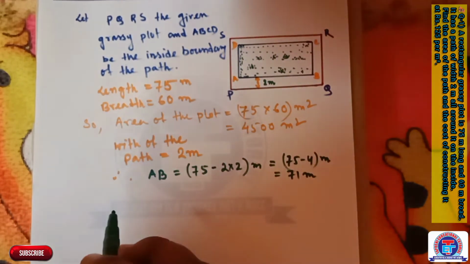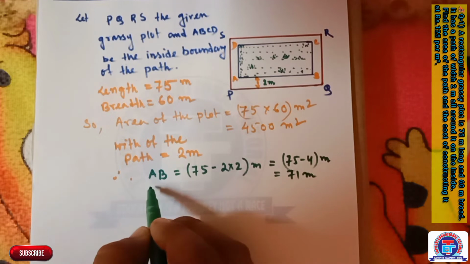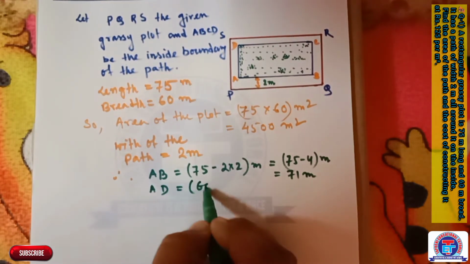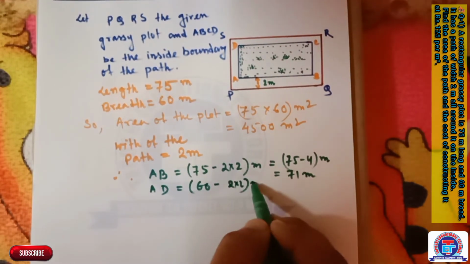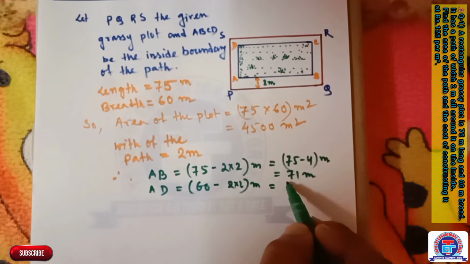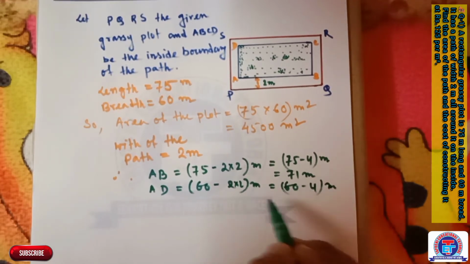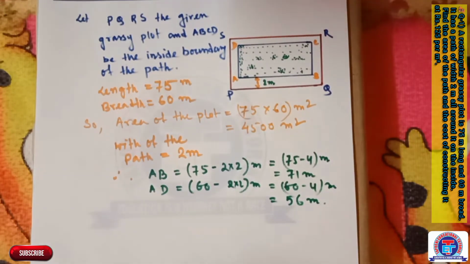Same as this, AD is equal to 60 minus 2 into 2 meters, that is 60 minus 4 meters, which is equal to 56 meters, correct?